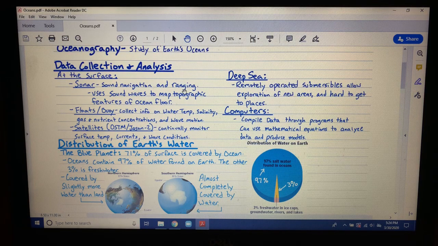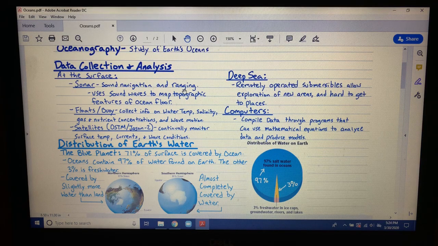On the surface, or at sea surface level, we can use sonar, which is sound navigation and ranging. What that does is shoot sound waves down, and as they reflect and come back, we can use that to put together an image to try to map out the ocean floor. Other ways we do it are floats or buoys that will be just floating along.